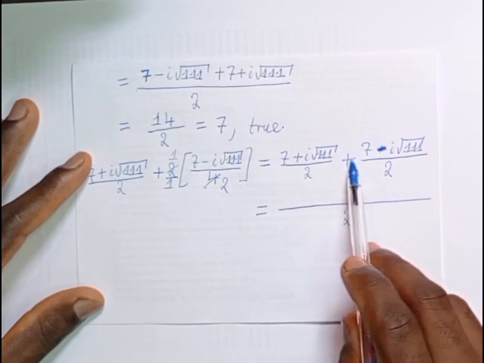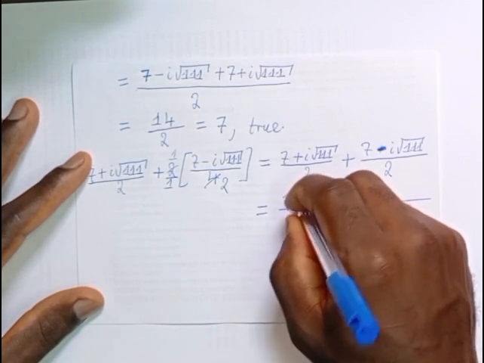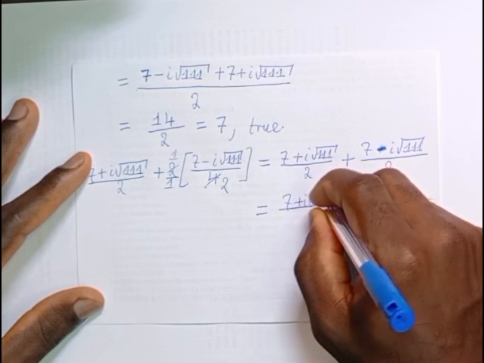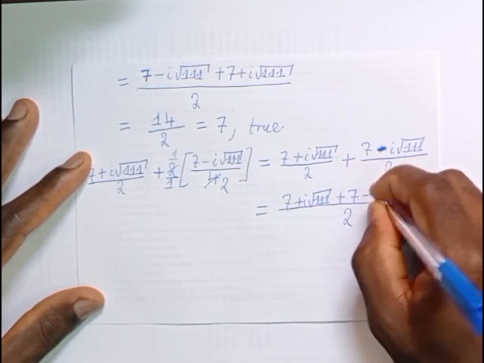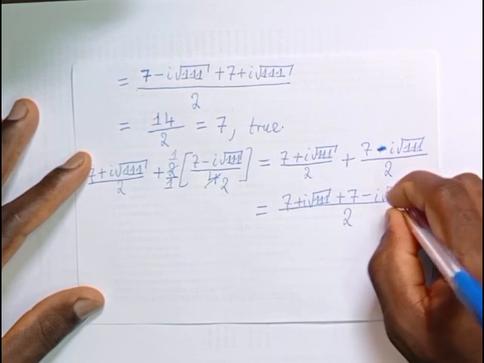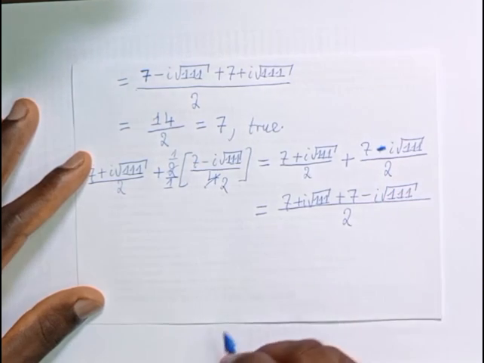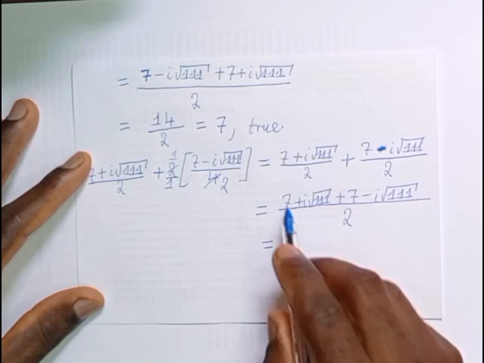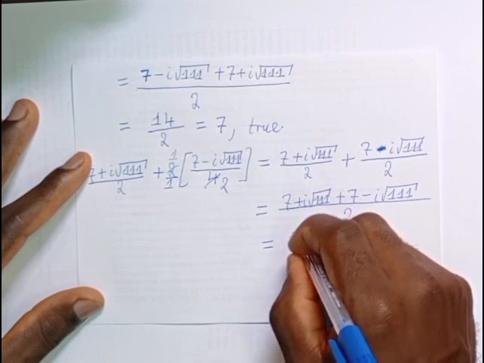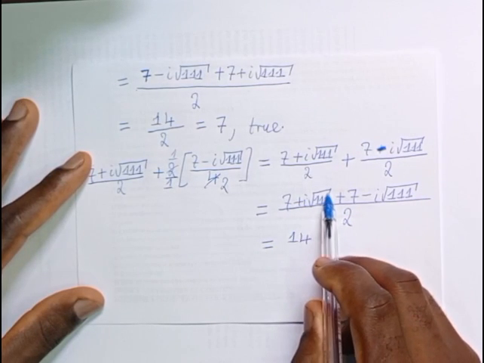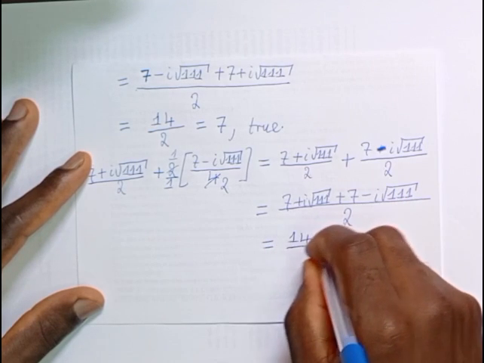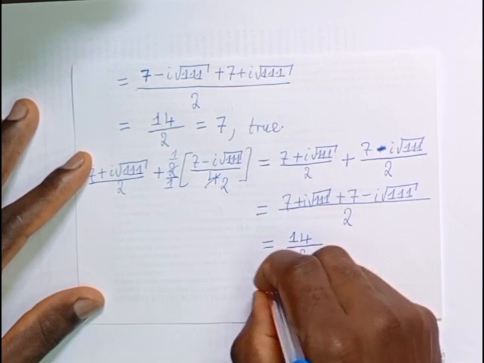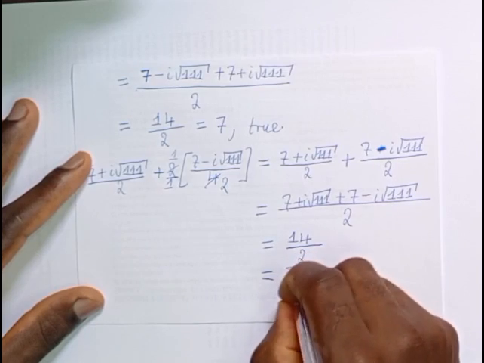We simply add their numerators: 7 plus i root 111 plus 7 minus i root 111. 7 plus 7 gives us 14. i root 111 minus i root 111 gives us 0. We'll be left with 14 over 2, which is simply equal to 7.